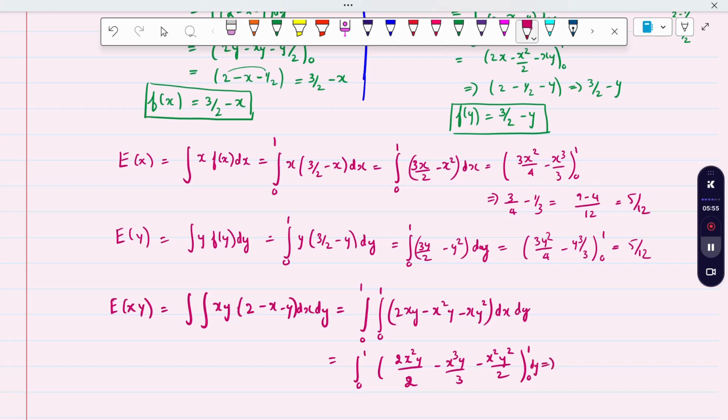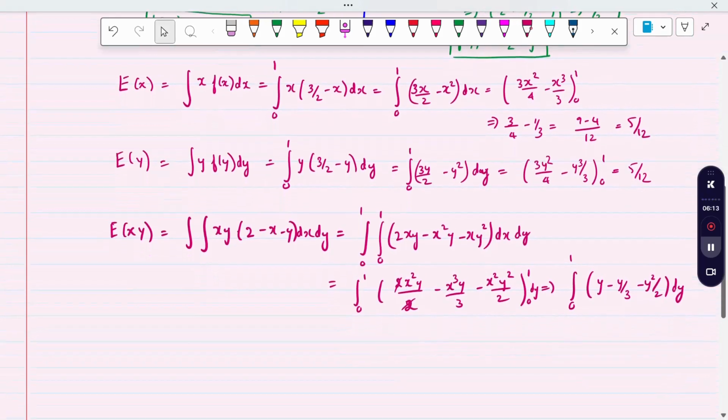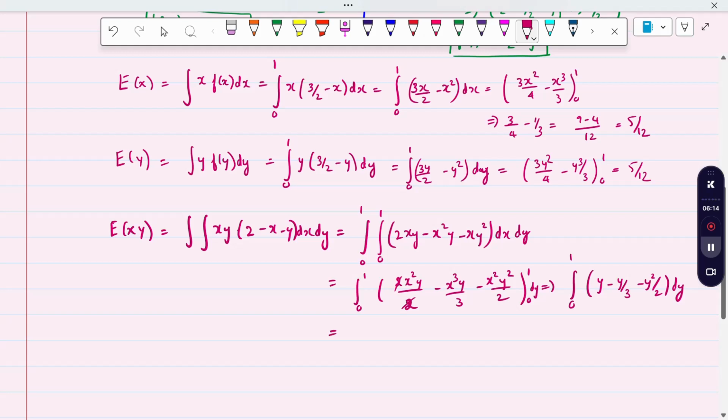So I'll be getting, from 0 to 1, I have to put x equal to 1. So y minus, y by 3 minus, y squared by 2, into dy. Again, one more time, integrate with respect to y. When I integrate, y squared by 2 minus y squared by 2, 6 minus y cubed by 6, from 0 to 1.